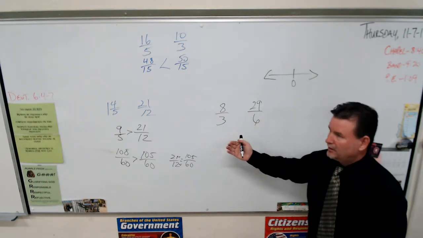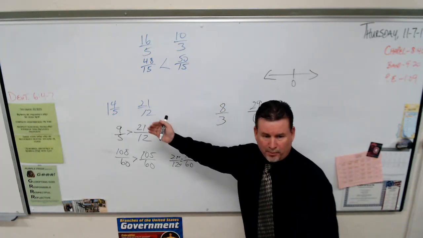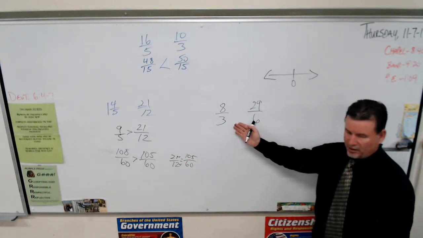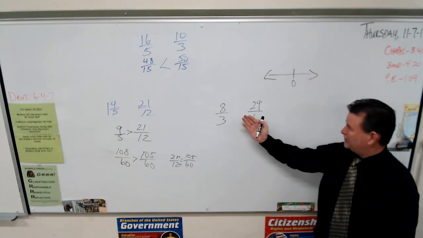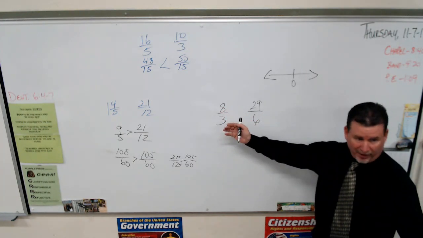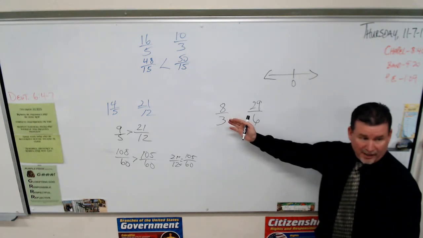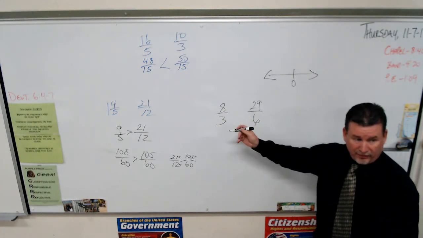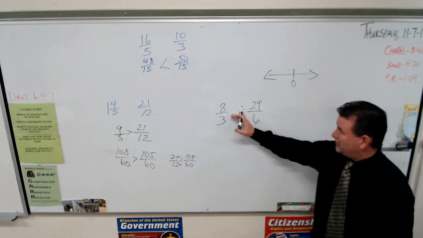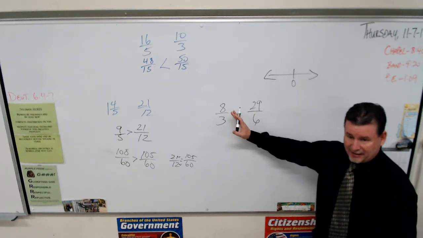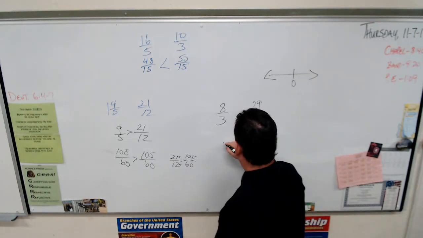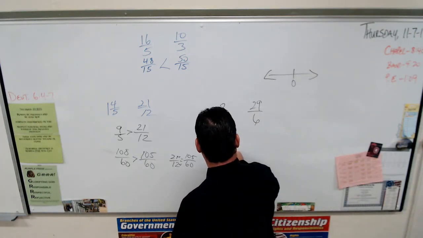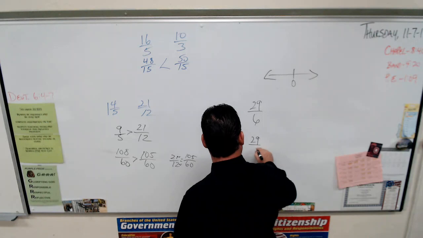I have to be able to do this, but listen, middle schoolers, if you get one like this, you're like, oh, 3 times 2, 8 times 2, this one's obviously, wait a minute, this one's obviously, if they were both positive, this one would obviously be less, because it'd be 16, right? So 16/6 compared to 29/6.